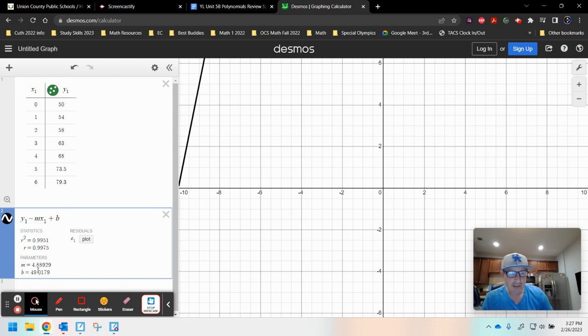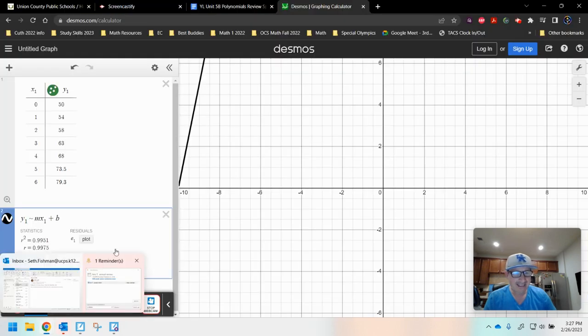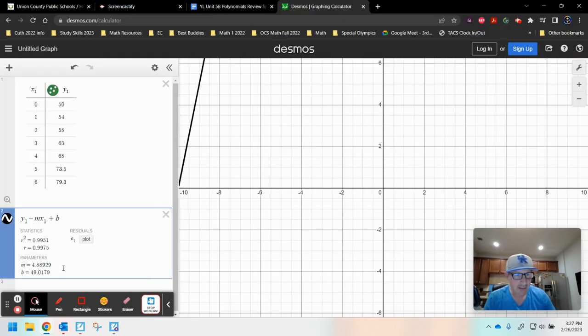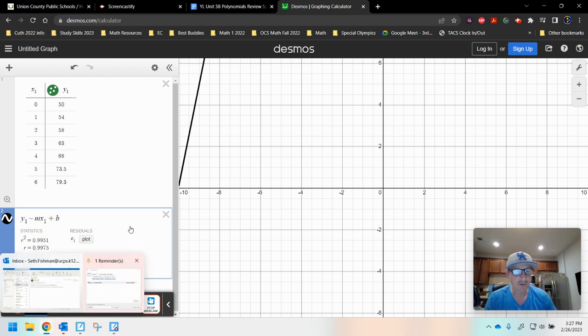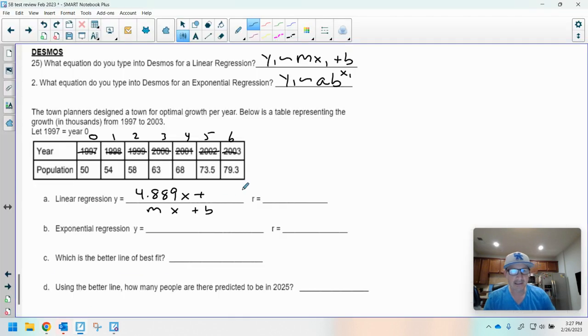So the M is 4.889. We're going to put an X, plus what is the B? It's 49.018.